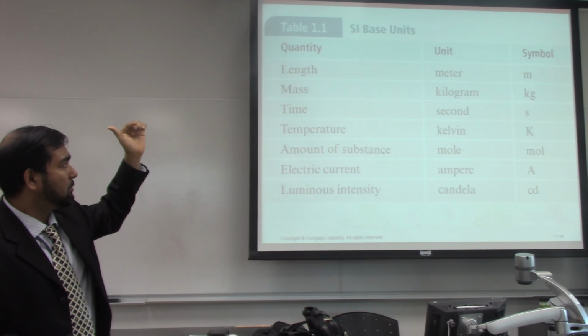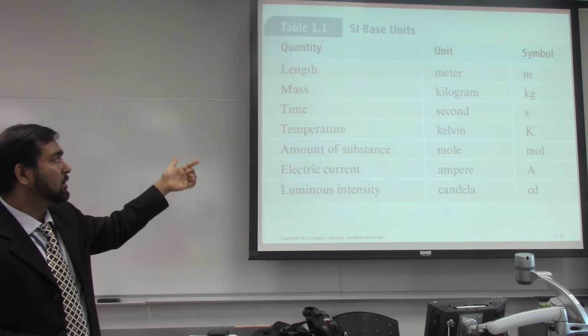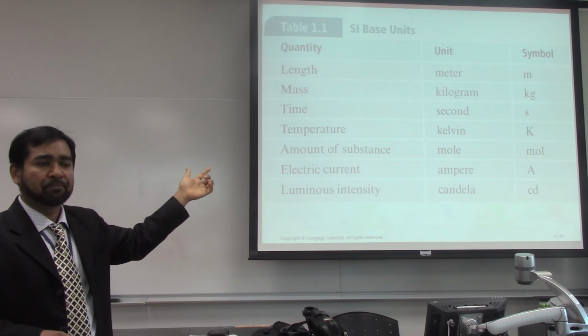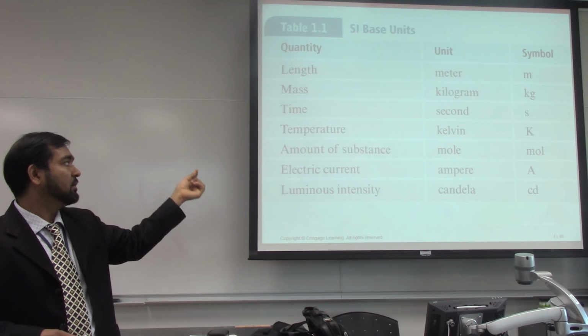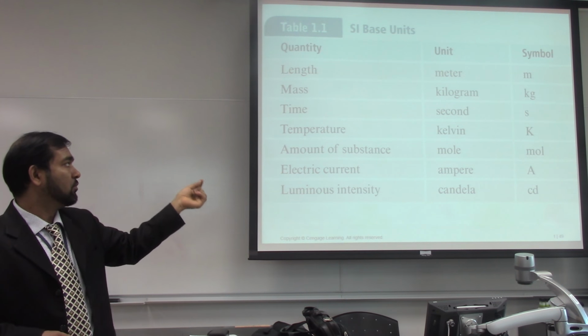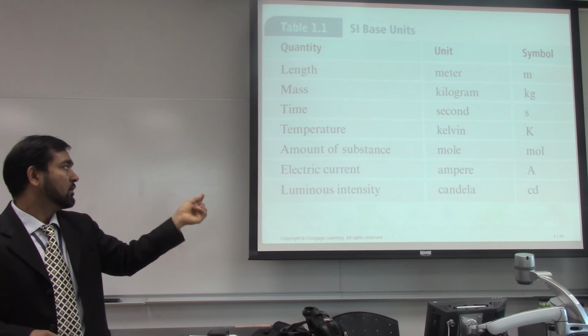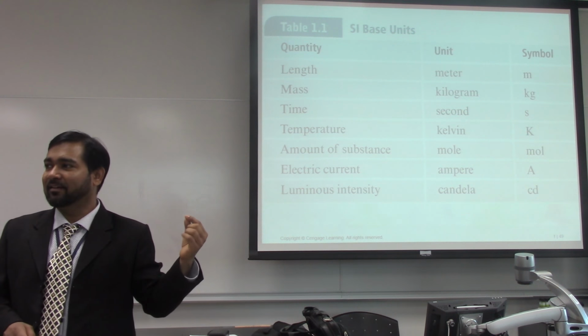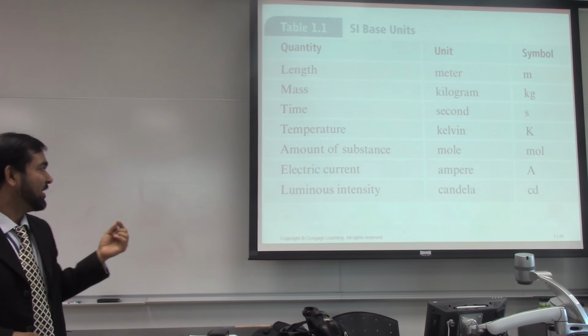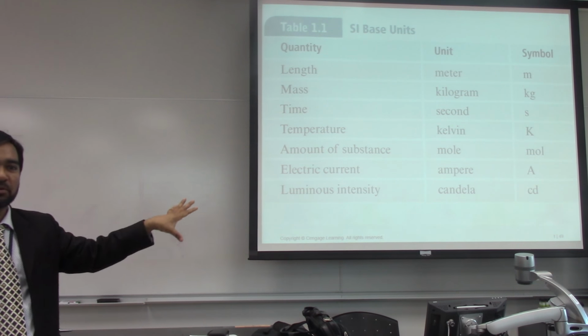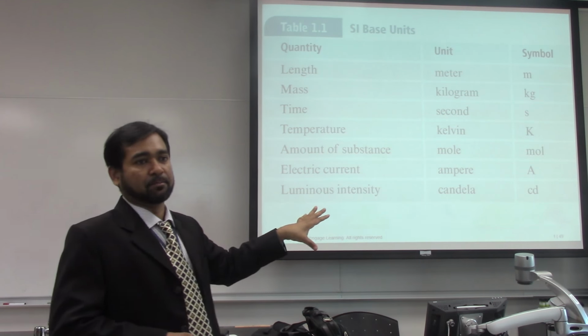For instance, m means meter, kg means kilogram, s is second, K for Kelvin, mol for mole, ampere, and candela, cd. Have you used candela? No. Sounds interesting, right? Anyway, these are the ones we use for the metric system.